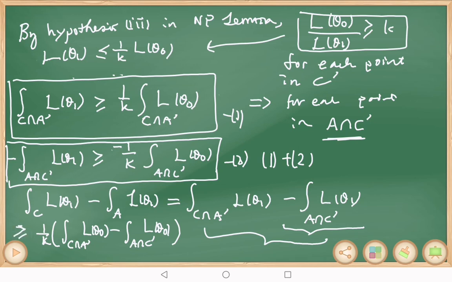So to continue here, this part is an important result. We end up with this inequality.